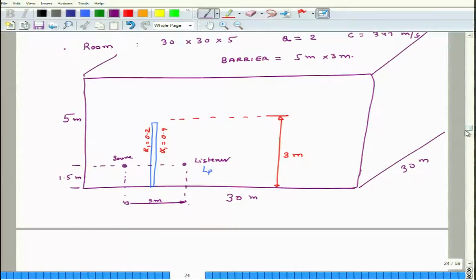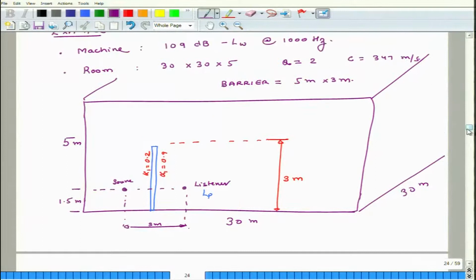So, these are all the data on the problem, and the question once again is, what is the value of LP without barrier, and LP in presence of barrier, with barrier. We have to compute these. So, what we will start with is the without barrier condition.